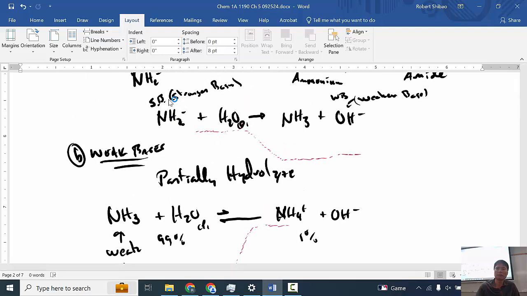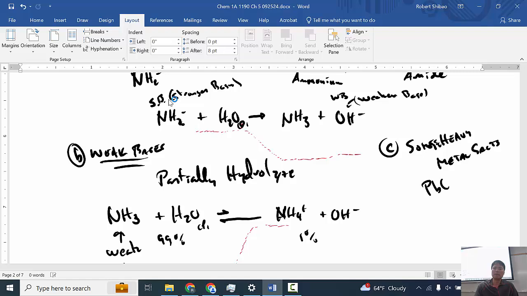And C, some heavy metal salts, like PbCl4, something like that. These are weak electrolytes.